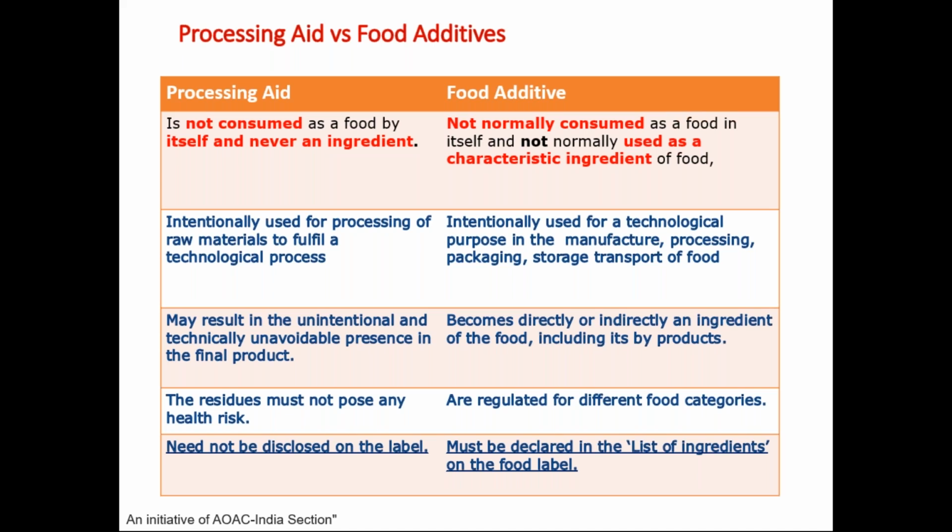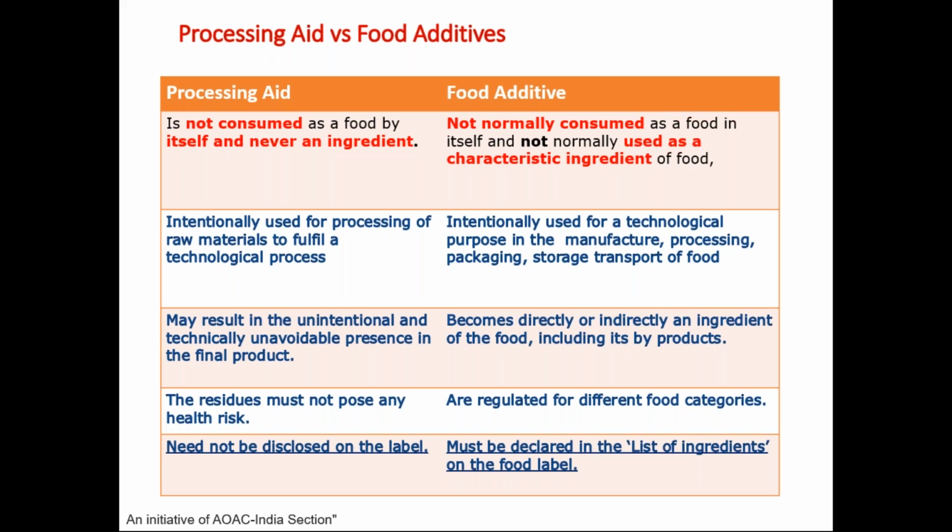For example, to extract juice, enzymes could be added to degrade the cell wall so that the recovery of the juice is much greater. A food additive, like a processing aid, is also not consumed as a food and is not normally used as a characteristic ingredient. It is used for technological purposes.